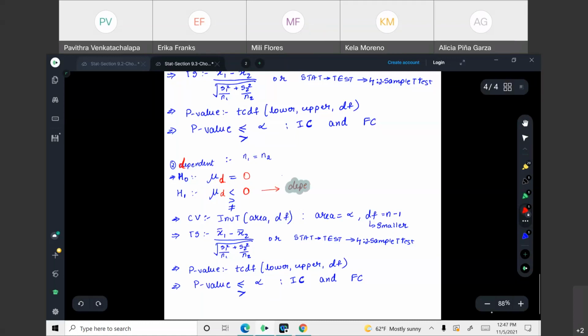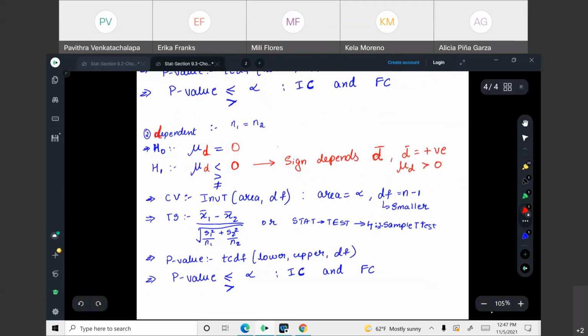So let me write here: sign depends on the claim, but if the claim doesn't specifically tell you whether it is more, reduce, anything like that, then it mainly depends on the d bar value. Okay, if d bar is positive, then mu d is greater than 0. Vice versa, if d bar is negative, mu d is less than 0. Okay? And it's a rare case that you get a not equal to symbol.